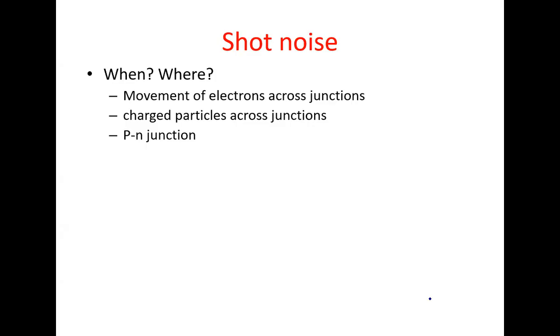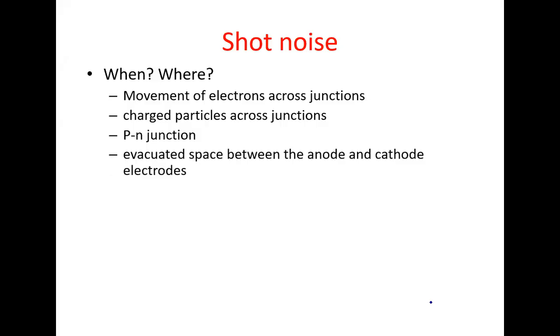For those of you in the physics world, we're talking about the p-n junctions, positive, negative poles. Essentially, we make it very simple: it's electrons moving from one point to another. So it is the movement of charged particles across junctions. That's where shot noise occurs.